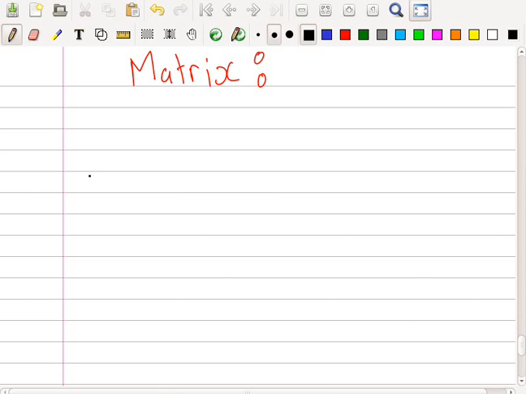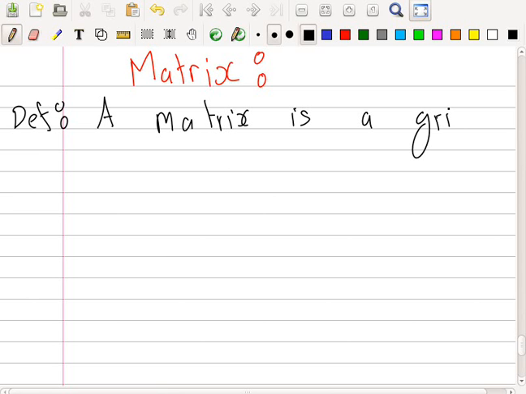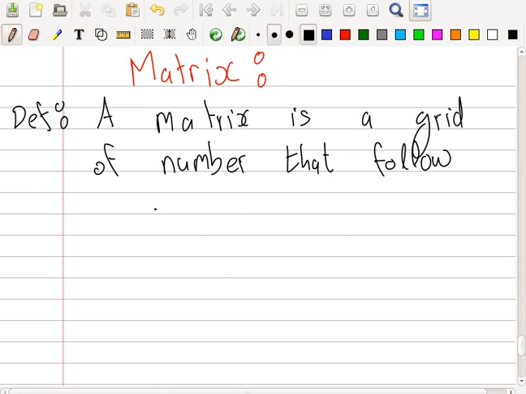So what is a matrix? Well, for us, we'll just say a matrix is a grid of numbers that follow special algebra rules.